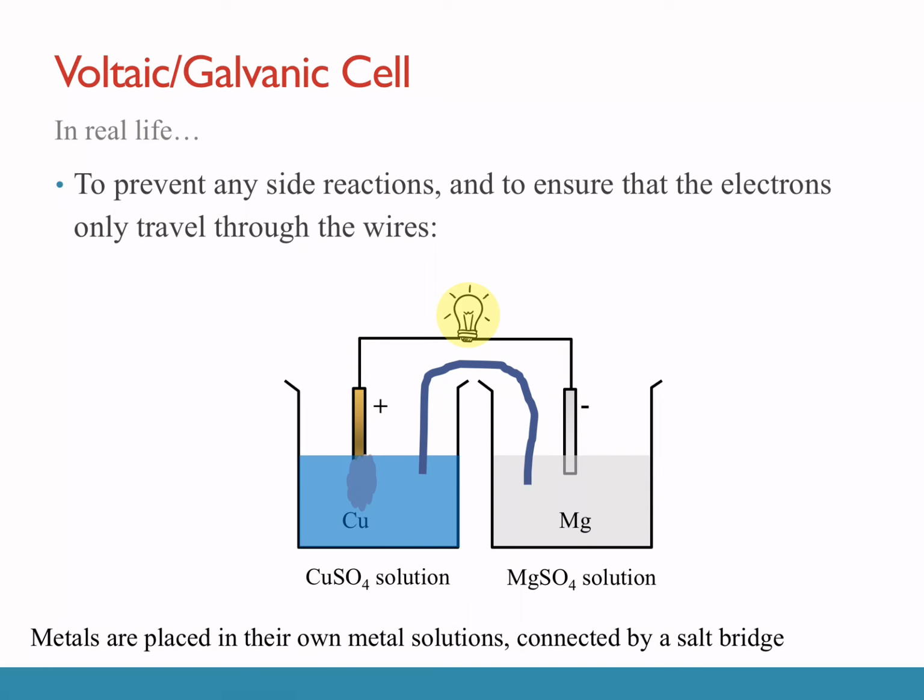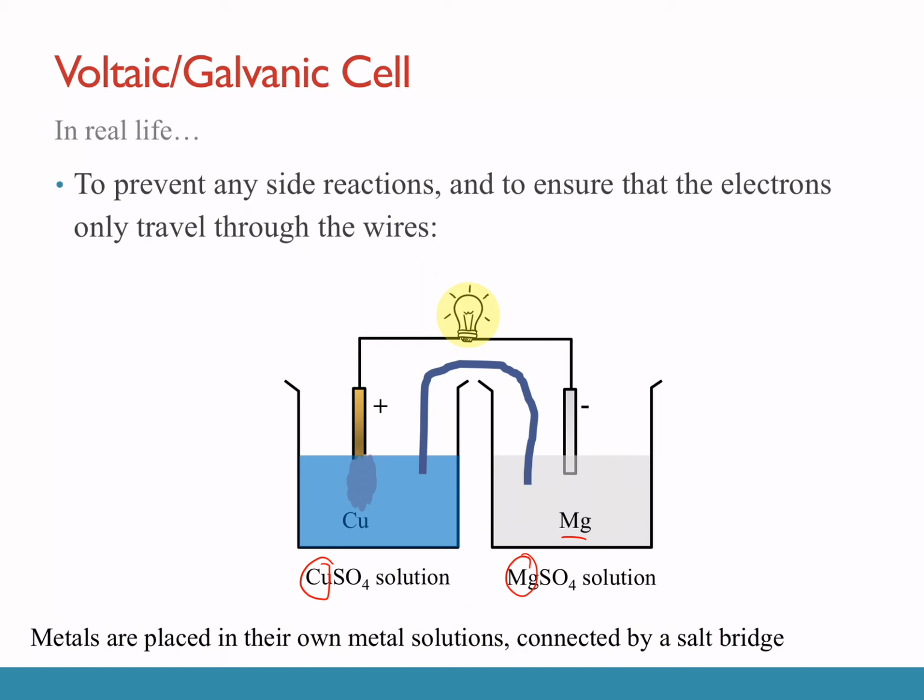Therefore, in real life, we do not have that kind of setup. We have this kind of setup where we put the two metals in separate solutions. Copper metal in copper 2+ solution, magnesium metal in magnesium 2+ solution. Because the metals do not react with their own metal solution.